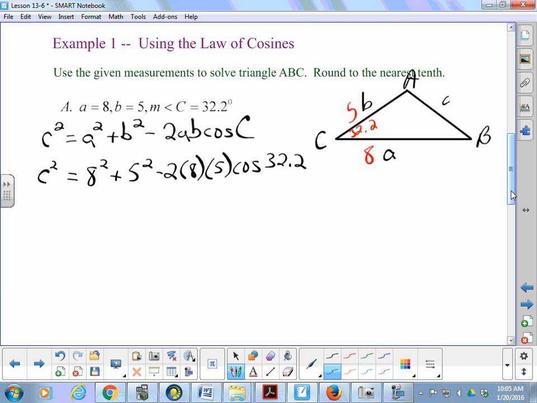Do not, I repeat, do not break this up into pieces when you type it in your calculator. Do it as one piece, because people break it in the wrong spots. So always type it in as one thing.